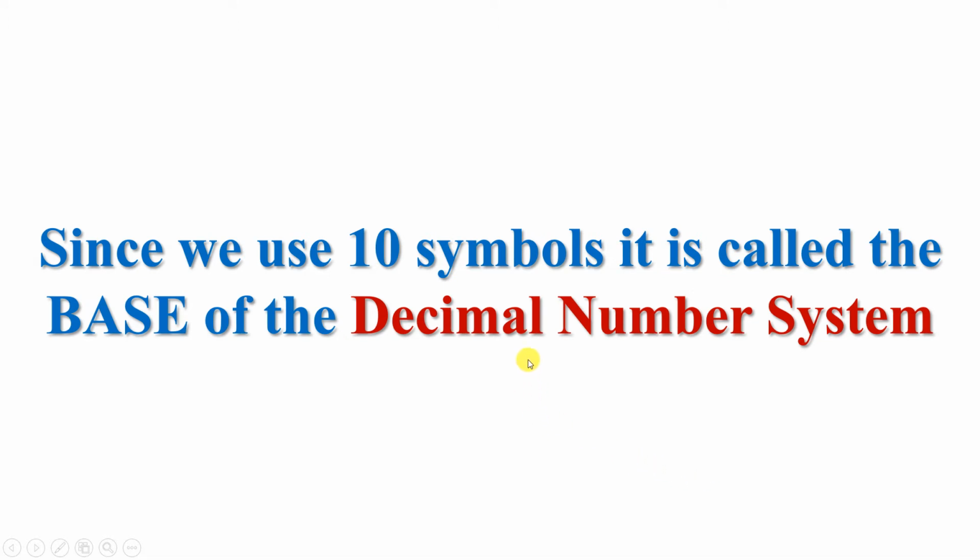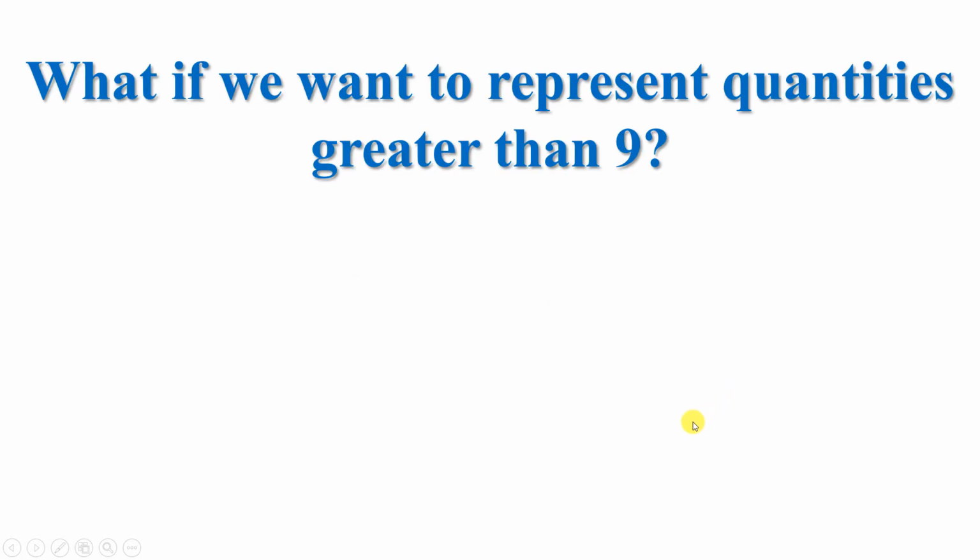Since we use 10 symbols, 10 is the base of the decimal number system. So the base of the number system is the number of symbols which you use to represent the number system. What if you want to represent quantities greater than 9?